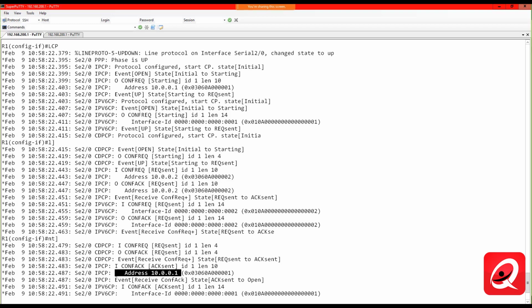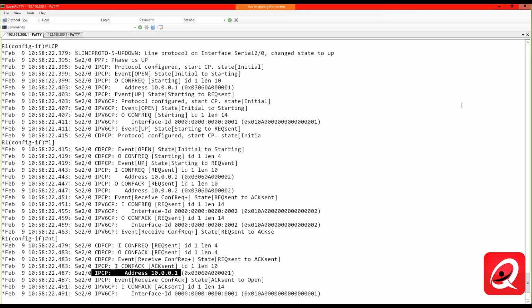You should see a message in here, right here, where I'm identifying my address as well. So I'm actually identifying the addressing information that is configured on both ends of the link itself. Now we'll talk about what this looks like when we start to add authentication to this process as well.